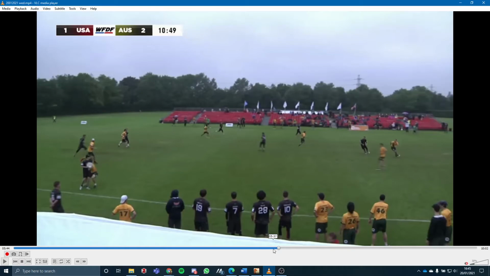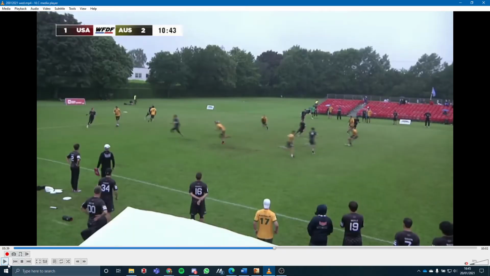Back to the guy on the disc, same stall count. Or you can vote. So we have some people voting for he just steps back. So yeah, if we watch it again, then we can take a look.